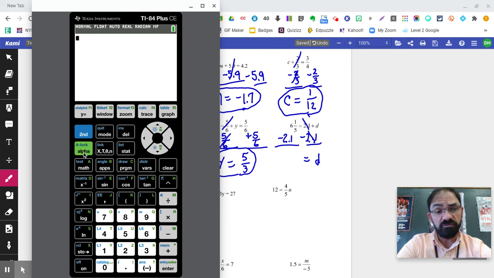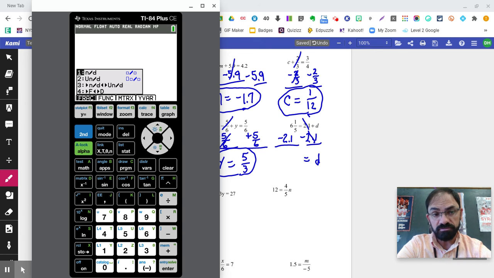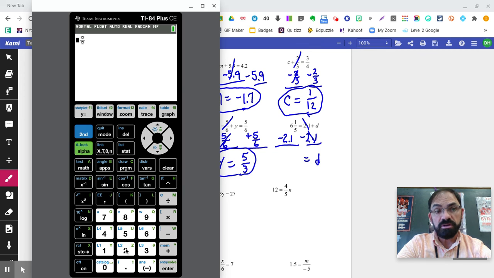This time when I hit alpha, y equals, I don't just want to hit enter on the first one. This second one right here has a number in front of the fraction. So if I hit 2, it's going to appear like that. So I can put in a 6. I can arrow over in the next box and put in a 1. Arrow down to put in my 5. And I have my mixed number right there.